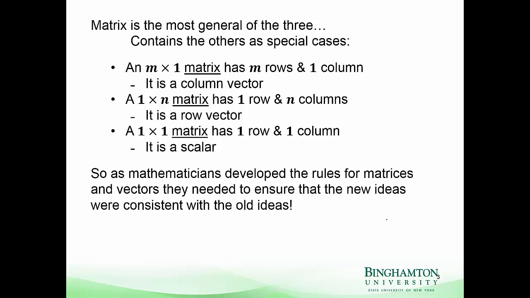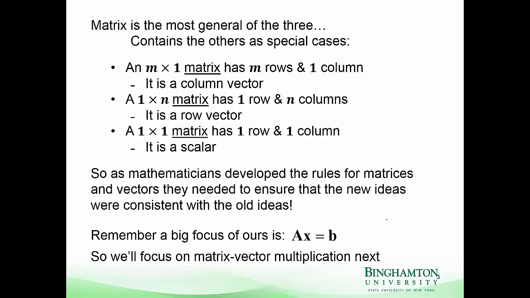But what they also discovered was that when new ideas arose, those didn't necessarily have to be consistent. There could be characteristics of a matrix that went beyond what you would have for numbers, and we'll see some of those in just a little bit.